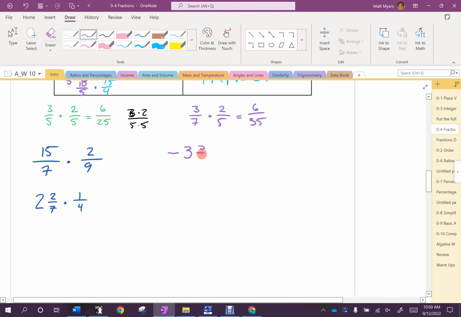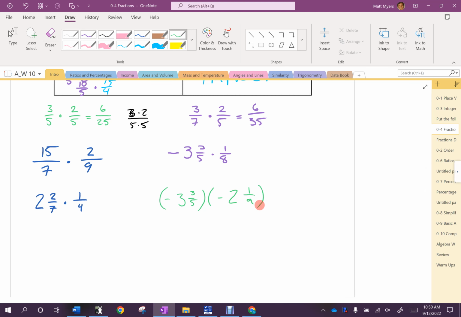Negative 3 and 3/5 times 1/8. And the last one, which is the hardest one, negative, I'll keep the 3/5, but I want you to multiply it by negative 2 and 1/9. 4 questions for homework, and I'm giving you 8. Well, I lie now. Now we're down to 6 minutes to do it here.